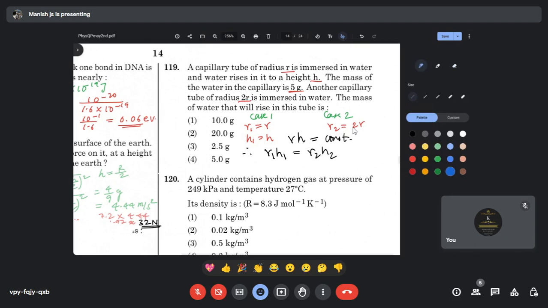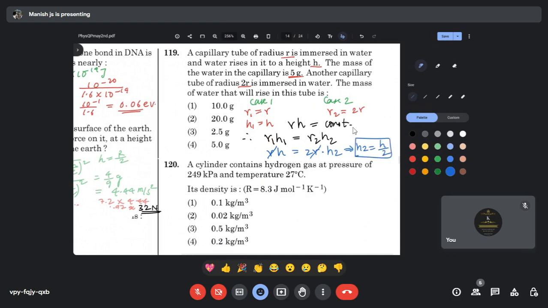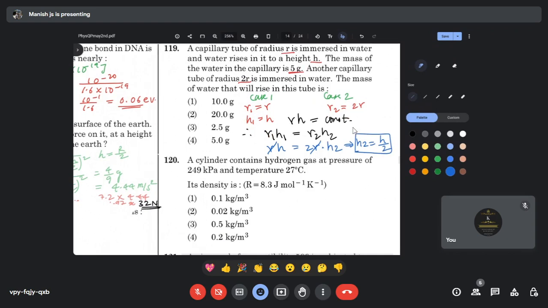Substitute the values: r into h is equal to 2r into h2. r will get cancelled and you get h2 is h upon 2. So we have got the height for the second capillary tube having a radius of 2r.